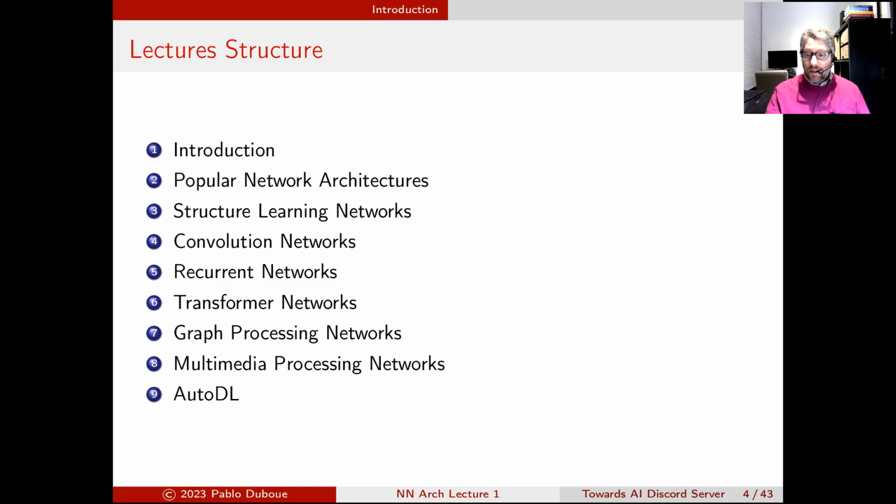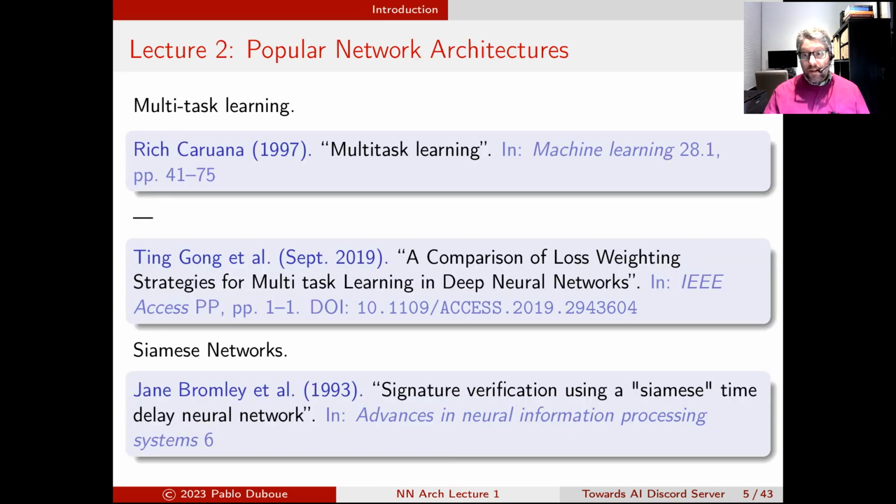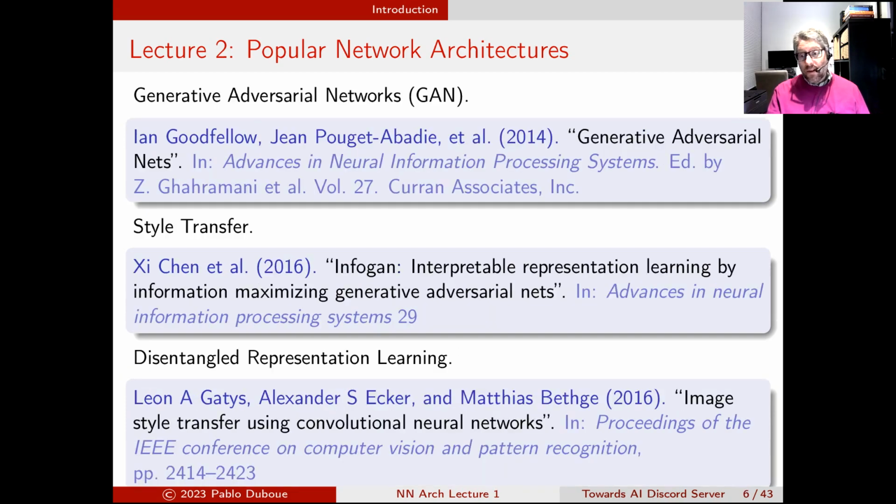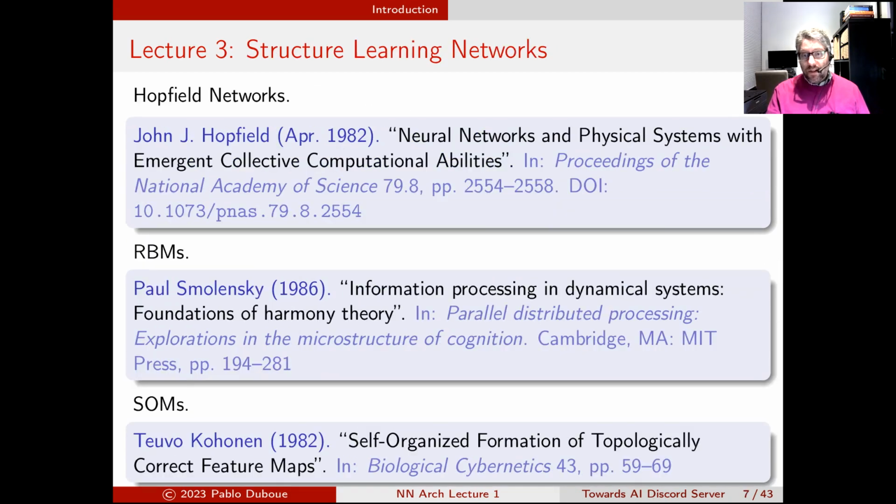The next lecture is going to be on what I call popular architectures, some things that are quite useful for people to try and use, particularly multitask learning, Siamese networks, which are very useful for learning metrics, generative adversarial networks, in particular useful for style transfer, and disentangled representation learning.